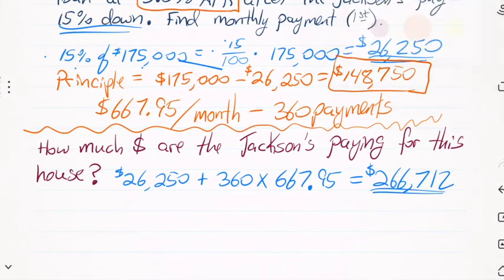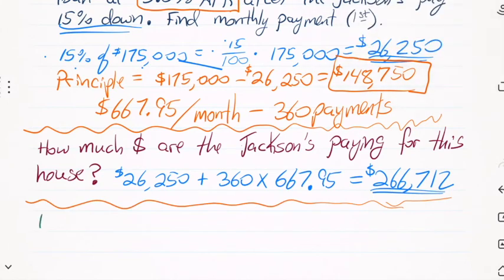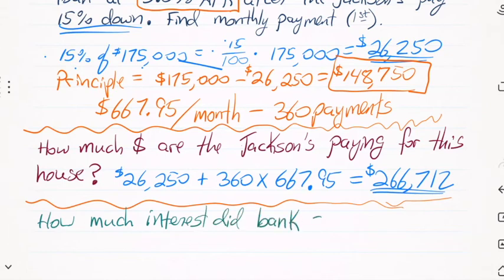All right, so the next part of my question would be, how much interest did the bank charge? Now, this is not the interest rate. This is how much money went towards the bank, and not how much money went towards the house per se.